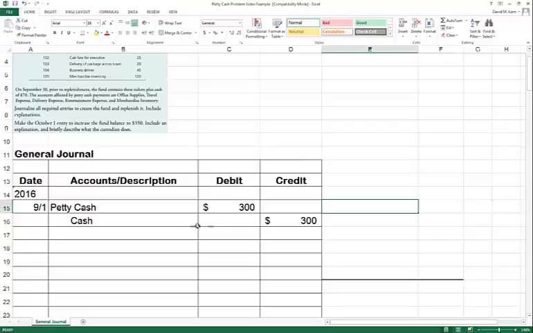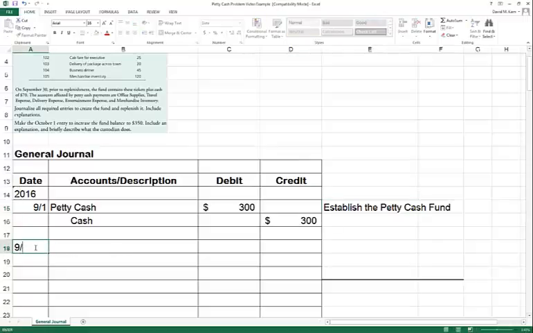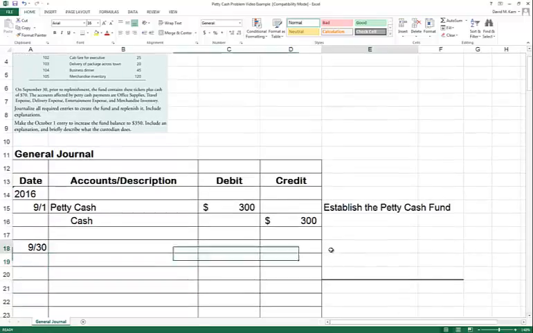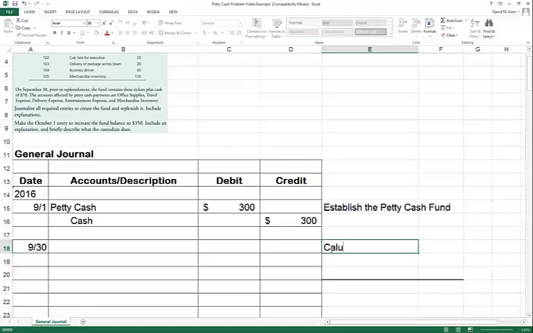Now we move on to replenishing the fund. That was to establish the fund. So on 9/30 we will have to replenish it. Now it tells us what accounts are impacted, but really the first thing I want to do all the time is the calculation that shows what credit to cash is going to have to be made here.